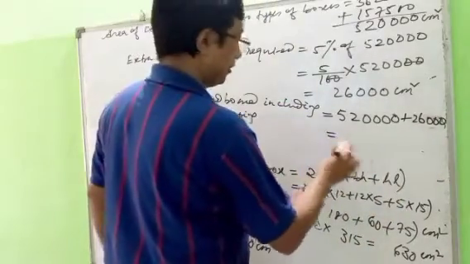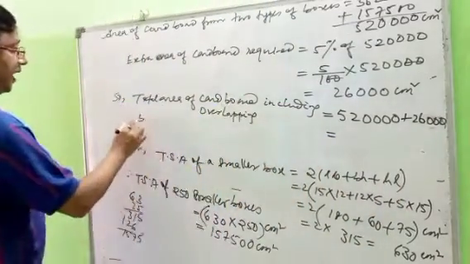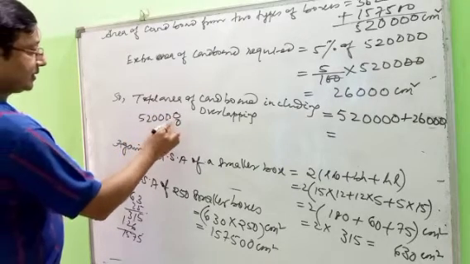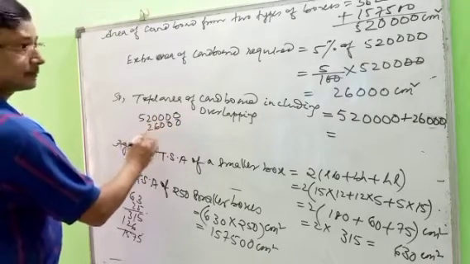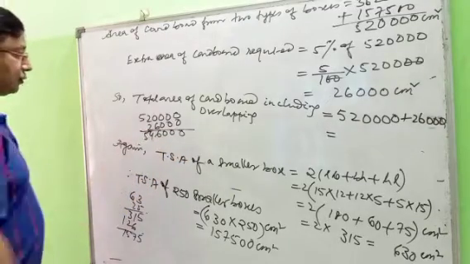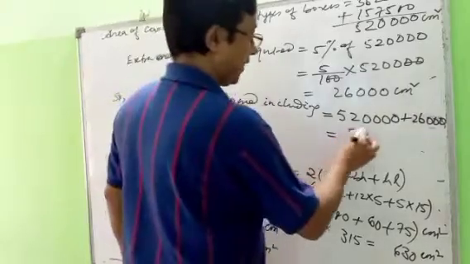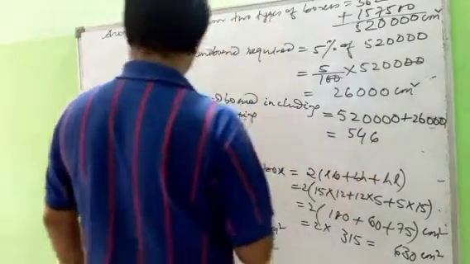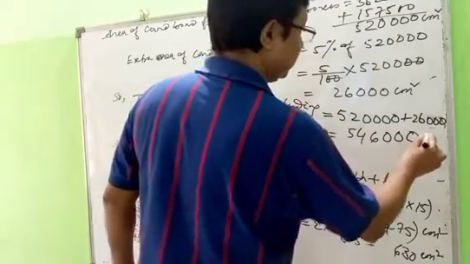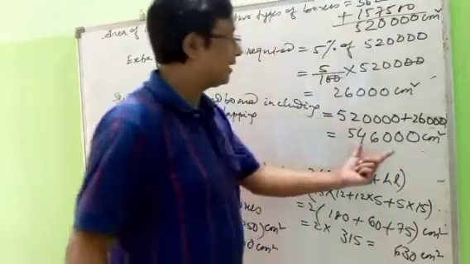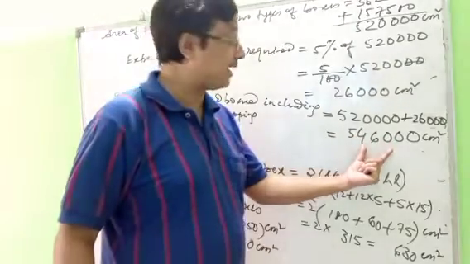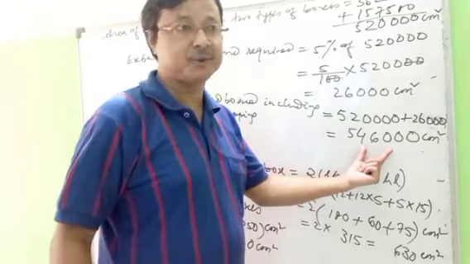So 520,000 plus 26,000 gives 546,000, that means 5,46,000 centimeters square. This much area of cardboard they will need to make 500 boxes of the two types.